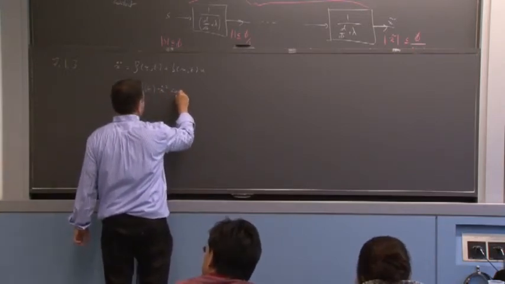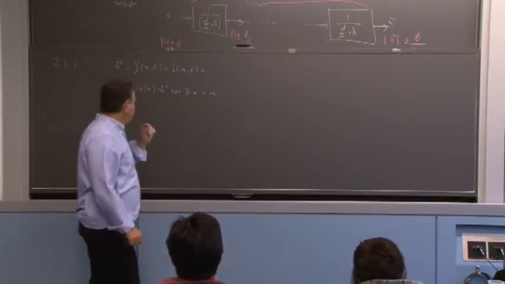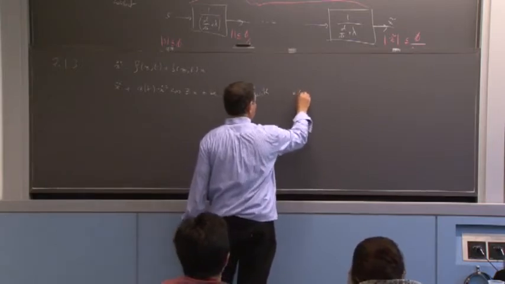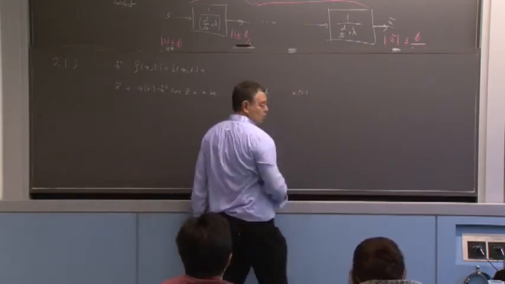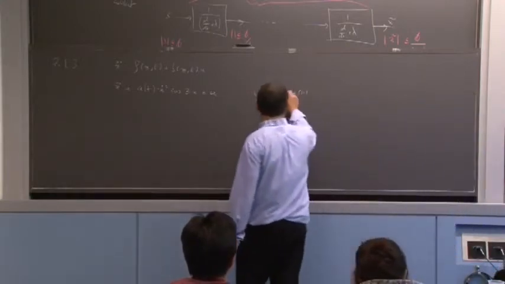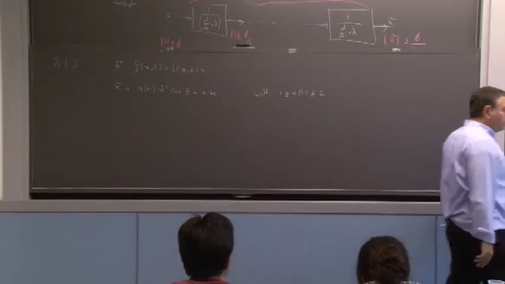So this is just a mathematical example, right? So x double dot plus a of t, x dot square cosine 3x equal u, with a of t between 1 and 2. All right, so this is your problem.